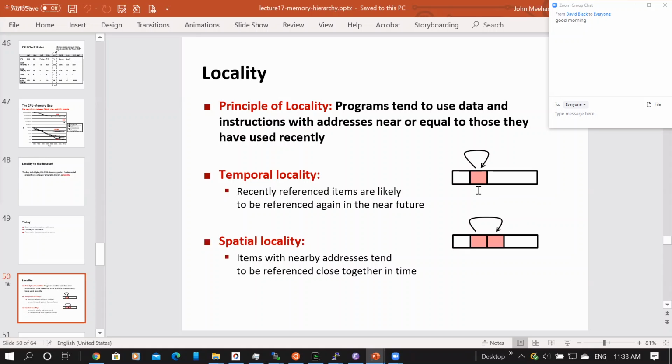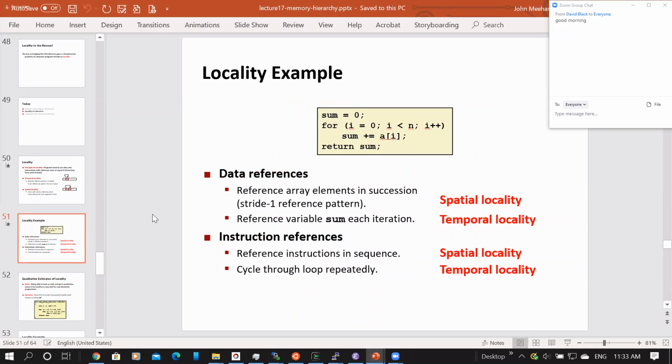So that's temporal locality. Well, our programs, by just the nature of the programs and the nature of the fact that given anything else, the computer just walks from one instruction to the next across memory, they tend to exhibit to some degree or another, both temporal and spatial locality.